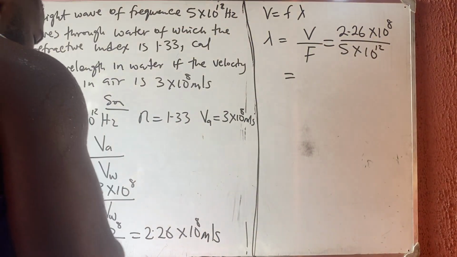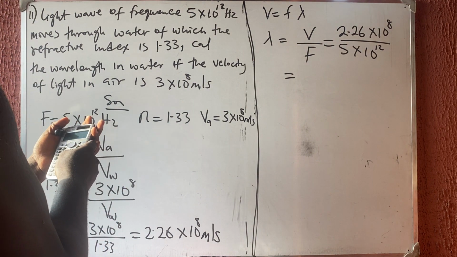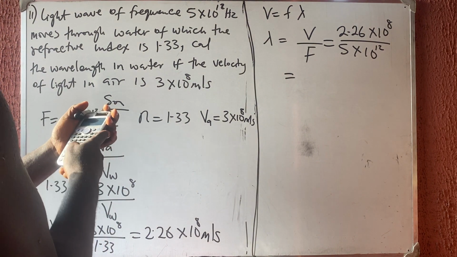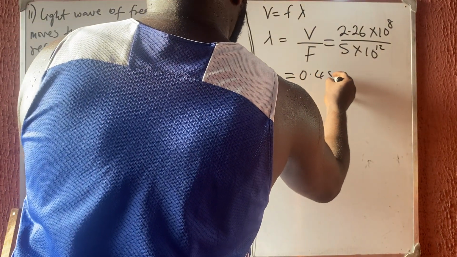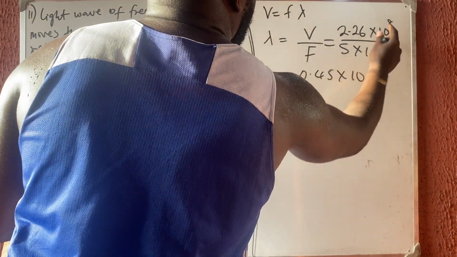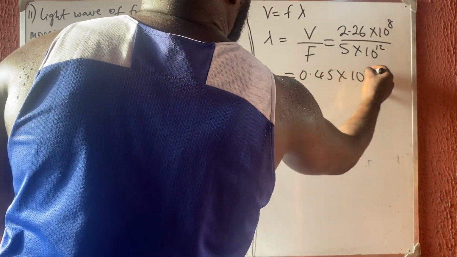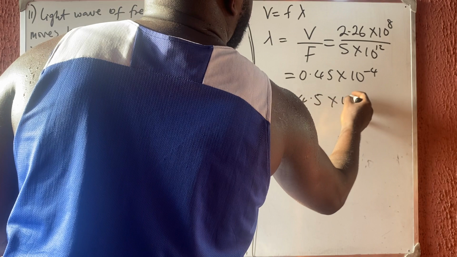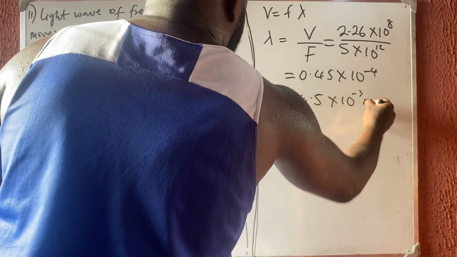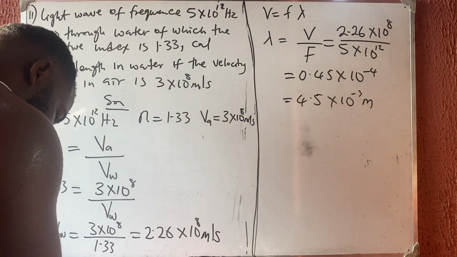If you do that, you are going to have 0.45 times 10 raised to power 8 minus 4. That is minus 4, right? Which is 4.5 times 10 raised to power minus 3 meters.